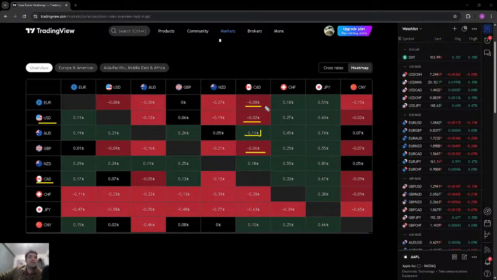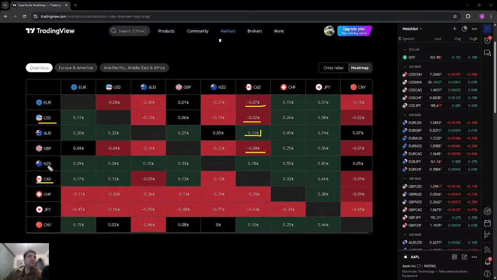Pound is weaker, euro is weaker, and you can see that the euro is like weakest right now, around about they are the same. Most probably the euro is weakest, pound is a little less weak. And then we see NZD CAD right here.